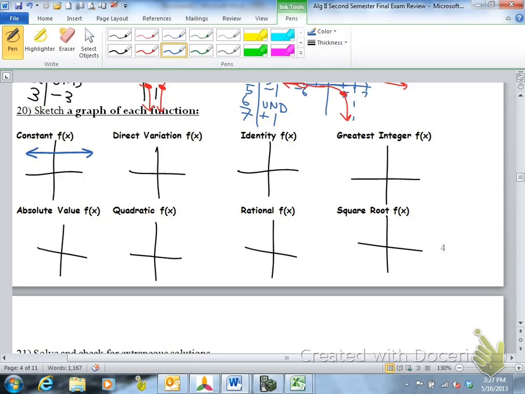Direct variation looks like any vertical or any positive sloping line. And identity is really similar. The difference is identity has to be splitting it equally, at a 45 degree angle, whereas direct variation doesn't matter if it slices quadrants 1 and 3 equally. Greatest integer looks like what? Stairs.